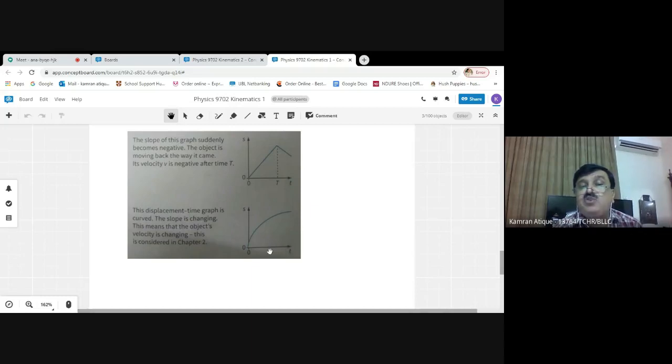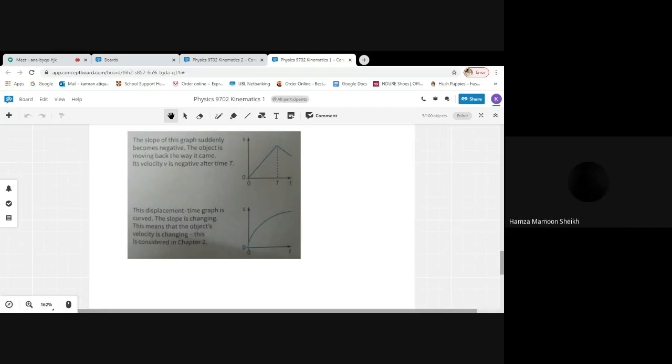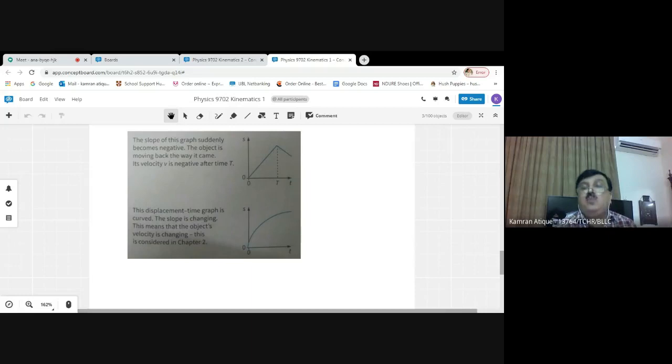And I am trying to say the object has covered less distance in the second equal interval of time as compared to the first equal interval of time. Are you agreed with me, Hamza? Yes, sir. And similarly, the object has definitely covered less distance in the third equal interval of time, compared to intervals 1 and 2.